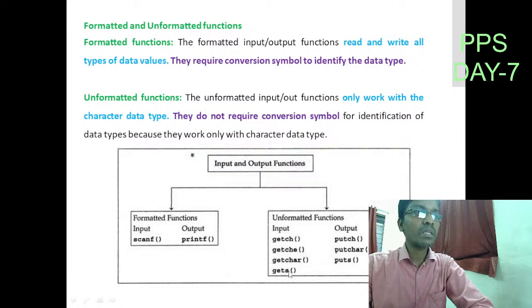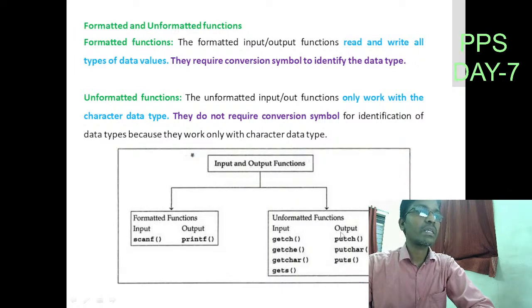If you want to read string data, you have to use gets. So these all four come under unformatted input functions. The unformatted output functions are putch, putchar and puts. Putch and putchar are for characters, and puts is for strings.